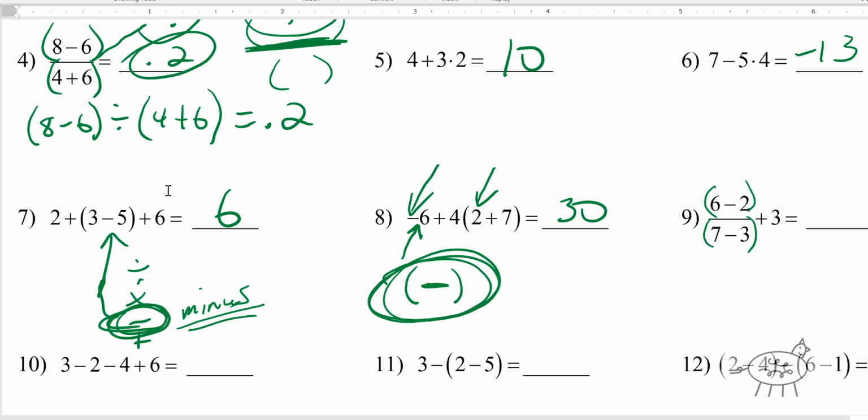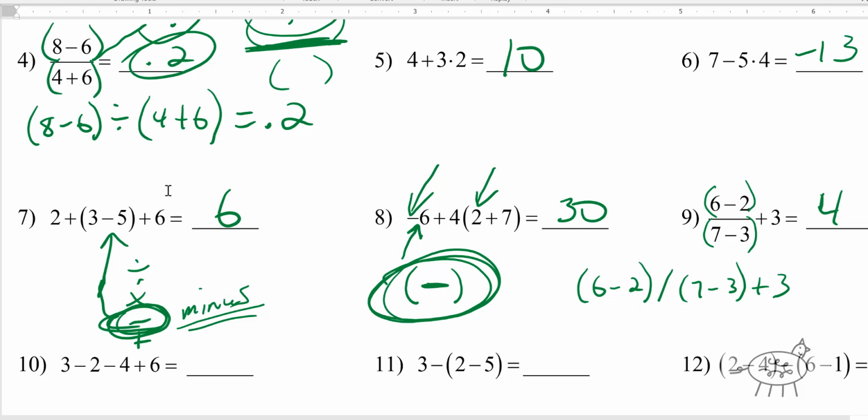So parentheses 6 minus 2, close parentheses, divided by parentheses 7 minus 3, close parenthesis. So this is what I'm typing in, plus 3, just like that. Okay, and if you do that, you get 4.